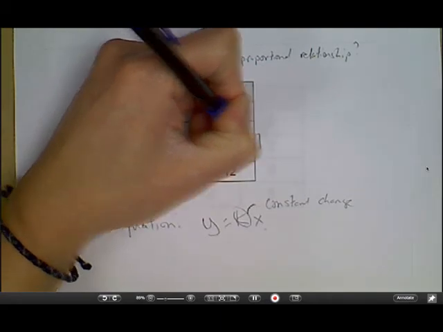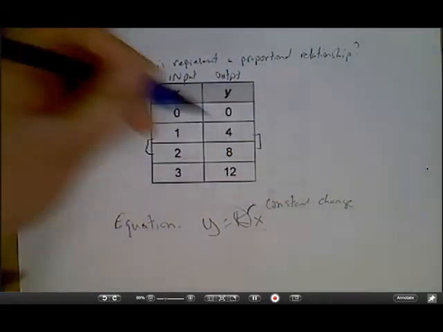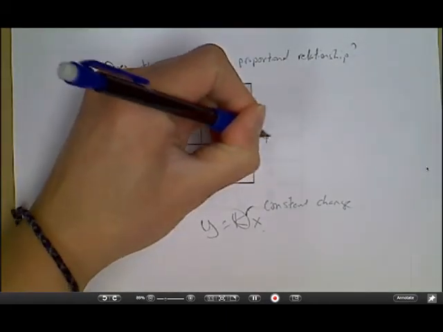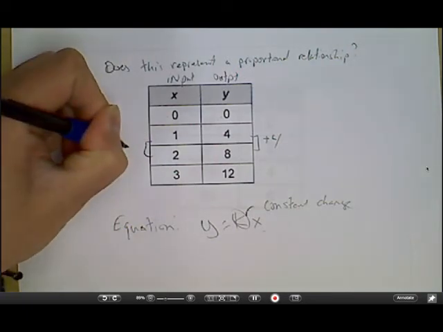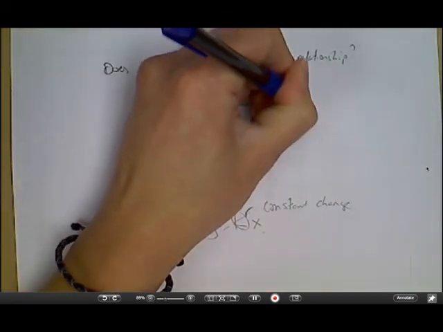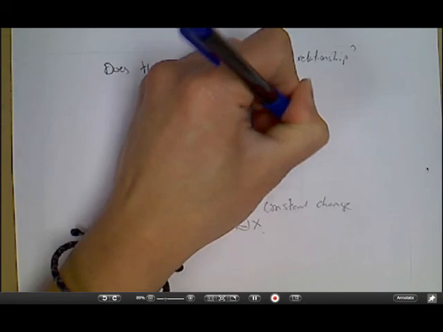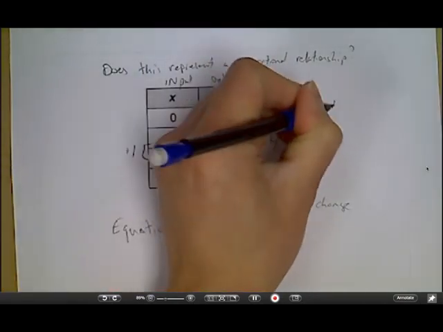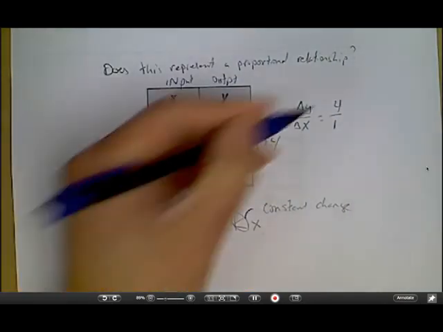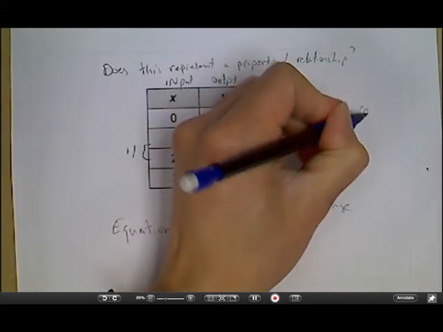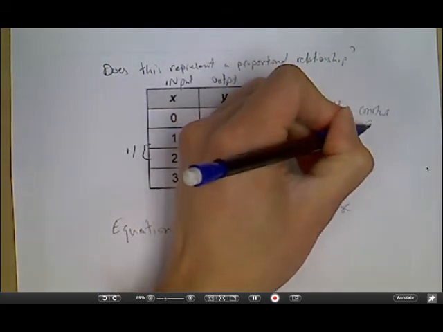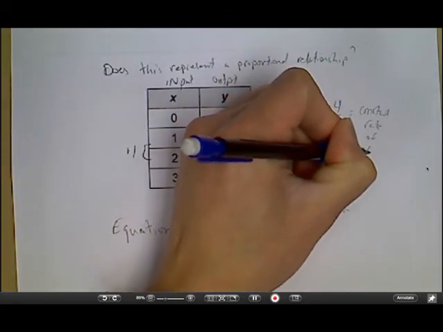One way we've been doing in class is finding slope. From 4 to 8 is plus 4, 1 to 2 is plus 1. So my change in y over my change in x is 4 over 1. So this is my constant rate of change.